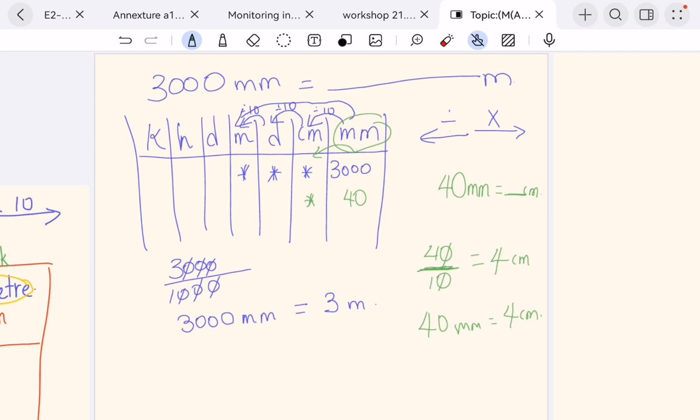Now let's see, what if I want to find out how much 3,300 millimeters is in meters?